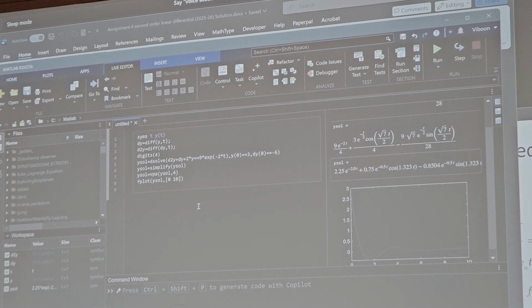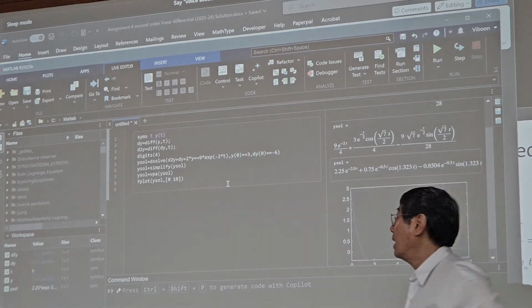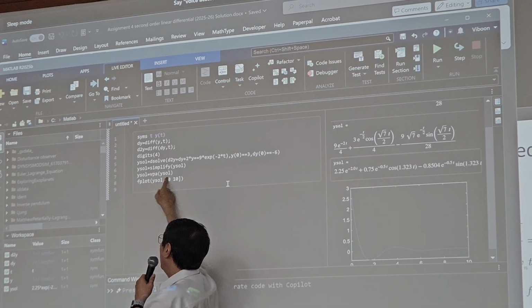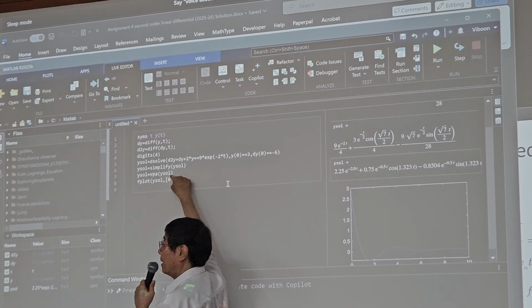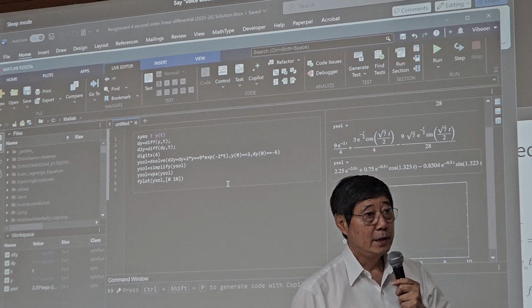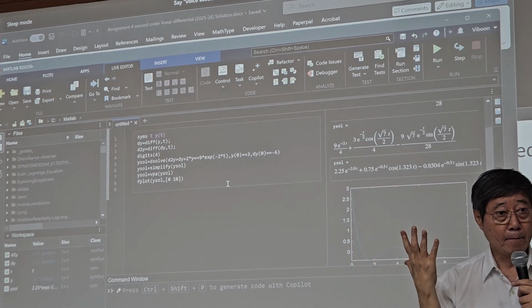I can get rid of this one. I put digit 4 here, and I delete comma 4. Just leave only VPA.